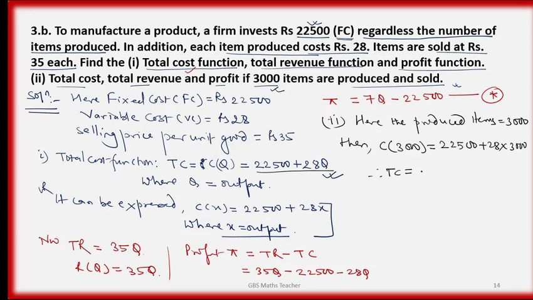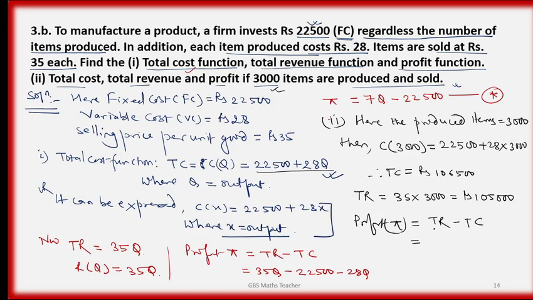106,500, from this condition I have calculated. And total revenue equals 35 times 3,000, equals Rs 105,000. And the profit pi equals TR minus TC.